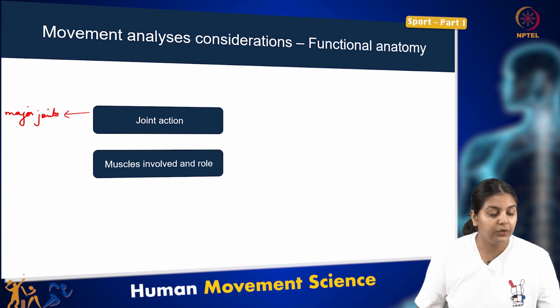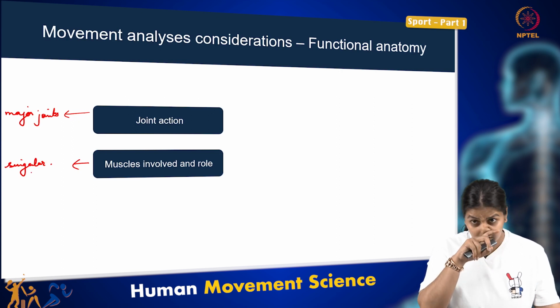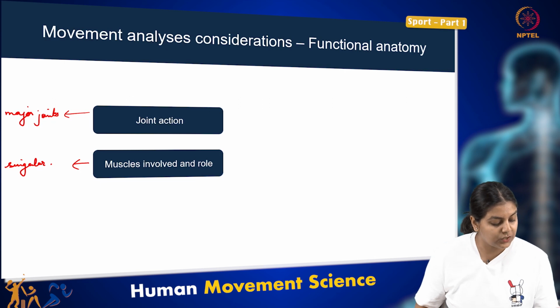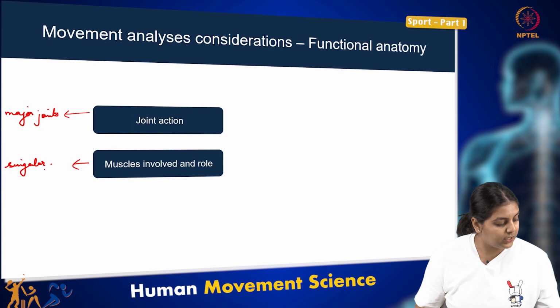Next thing you would look at, now that you know what joints are in action, you would look at the muscles involved. So is it a singular muscle involvement, which is never the case, right? It could be a single muscle dominance, but never a singular movement, right? So what muscles are involved? Usually it is multiple. So multiple muscle involvement.